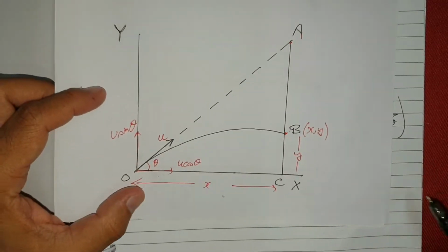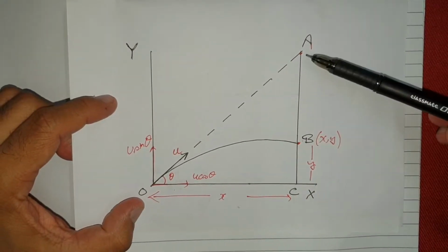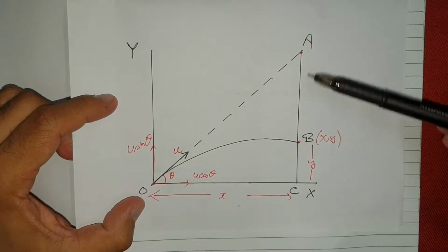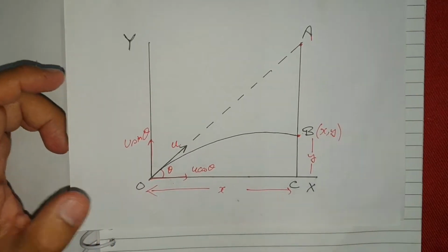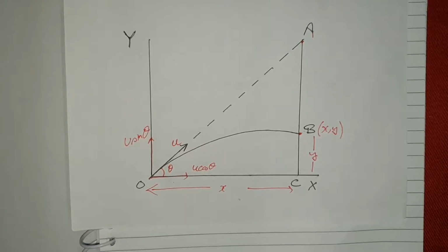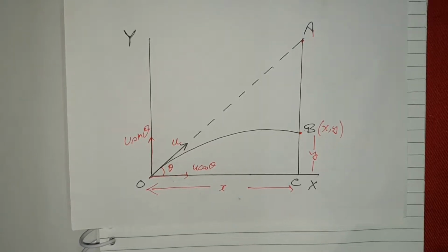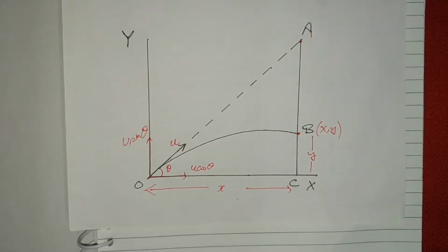Now if you take AB or the free fall of the monkey, what is the free fall? Initial velocity is 0. Applying the second equation again, s is ut plus half at square, so the vertical displacement y is half gt square.